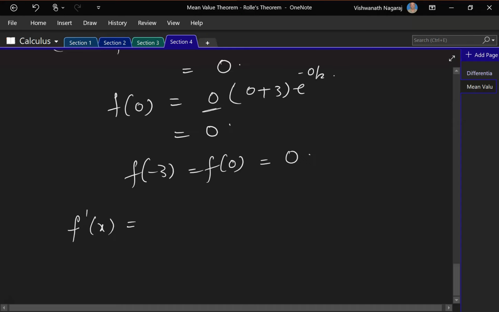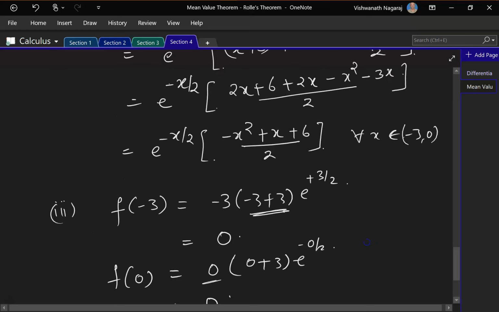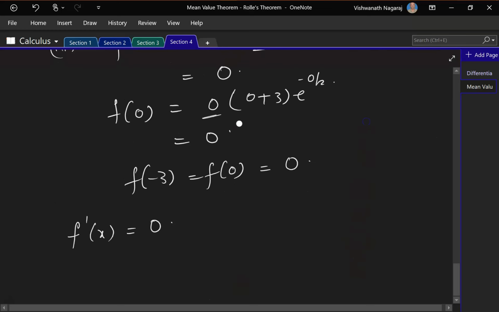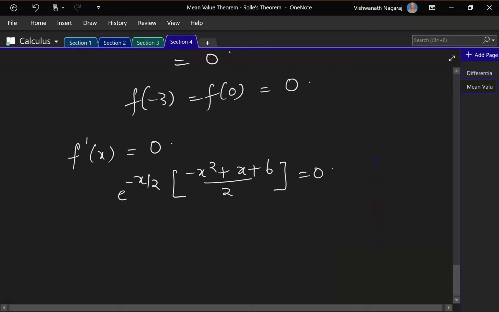So now let's figure out f prime of x, the point that we are interested in where the slope is 0. So f prime of x is equal to 0 means what? We differentiated it. So we got this e to the power of minus x by 2 minus x square plus x plus 6 by 2 is equal to 0. The denominator disappears when we take it to the other side.